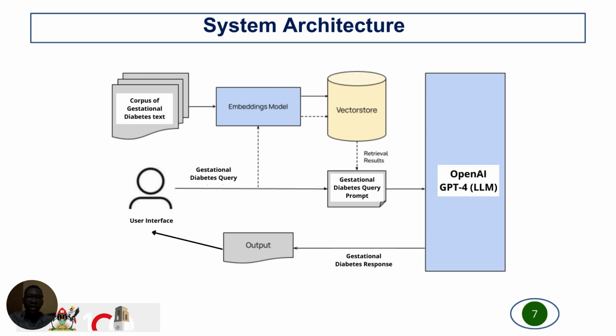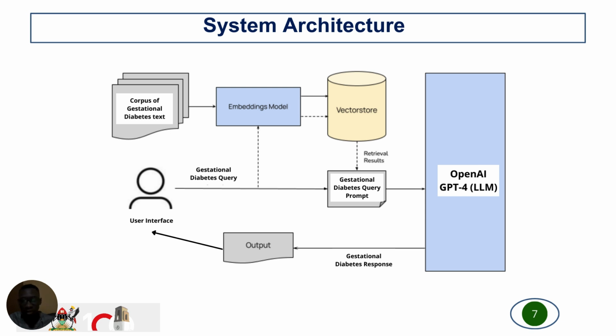So this is my system architecture. Still, I have my curated corpus about gestational diabetes. I have my embeddings model through which I get embeddings that are compared with a query or a prompt by the user.